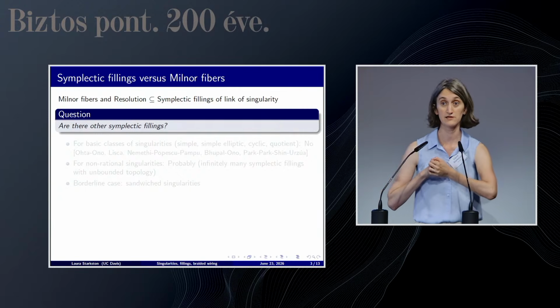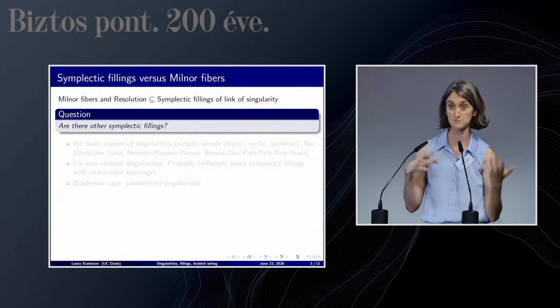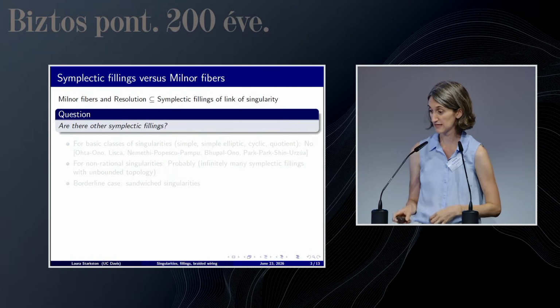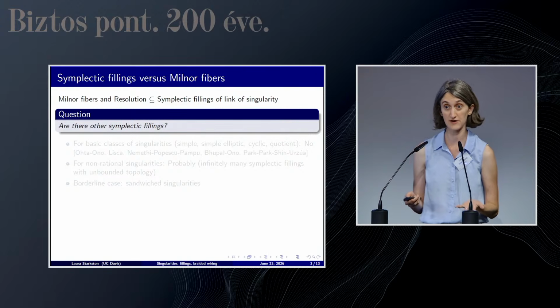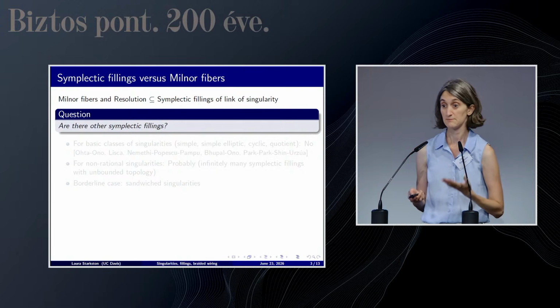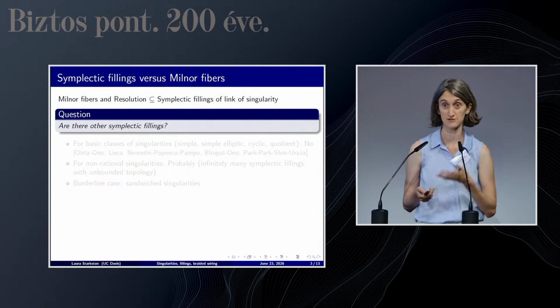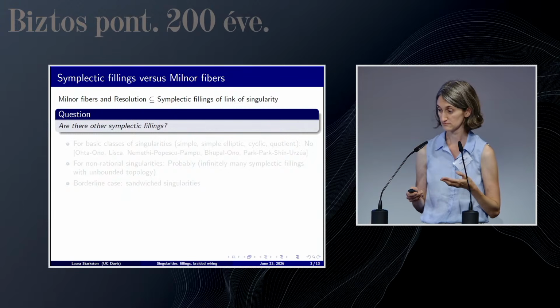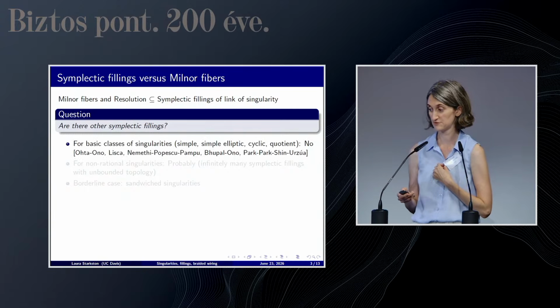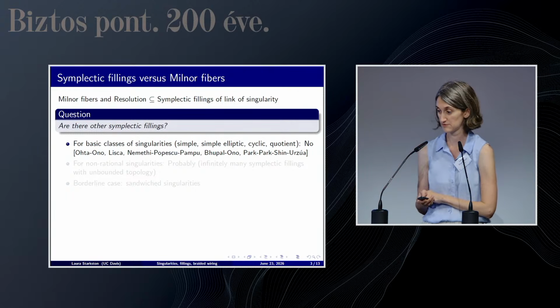So in general, these smoothings provide symplectic fillings of that contact link of the singularity. This is what Gordana and Marcy both explained. And the question is, are there other symplectic fillings besides these Milnor fibers and the resolution? I'm going to give a few more details on Gordana's summary.